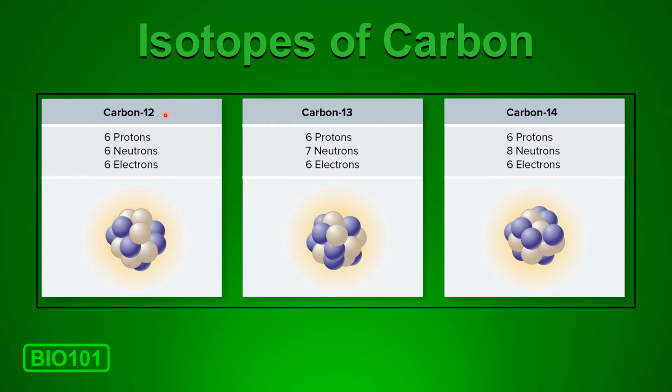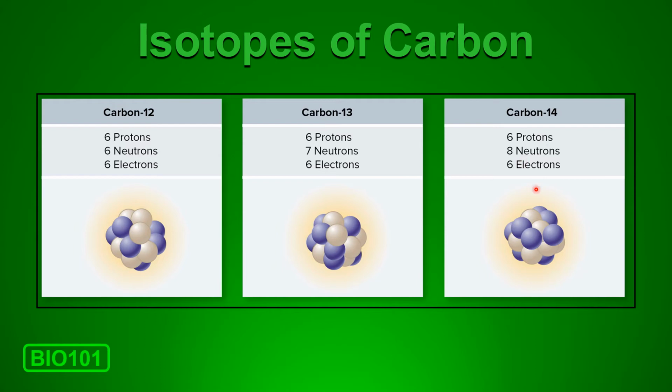There's carbon 12, 6 protons, 6 neutrons. There's carbon 13, 6 protons, 7 neutrons. In the nucleus, notice the number of electrons does not change here. 6, 6, 6. Oh, that's not a good number, is it? And carbon 14, 6 protons and 8 neutrons.